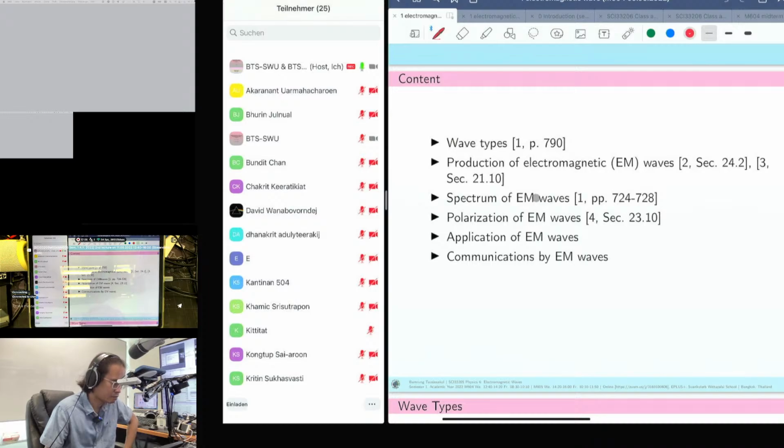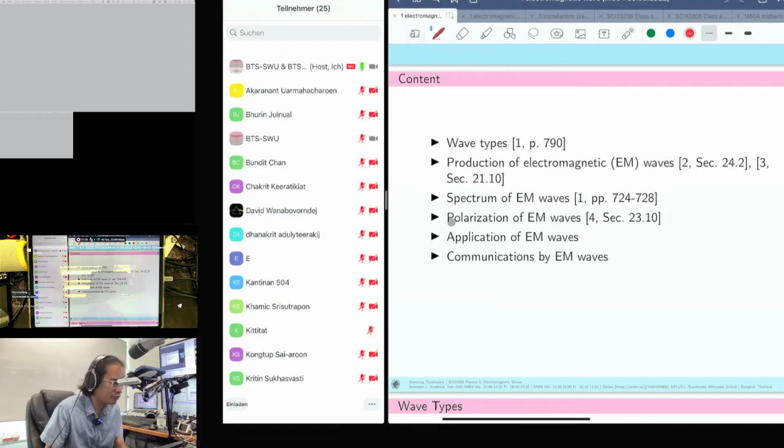Humans have made use of those different frequency bands for different applications: for medical treatment, for wireless communication, for remote control, and for many things.